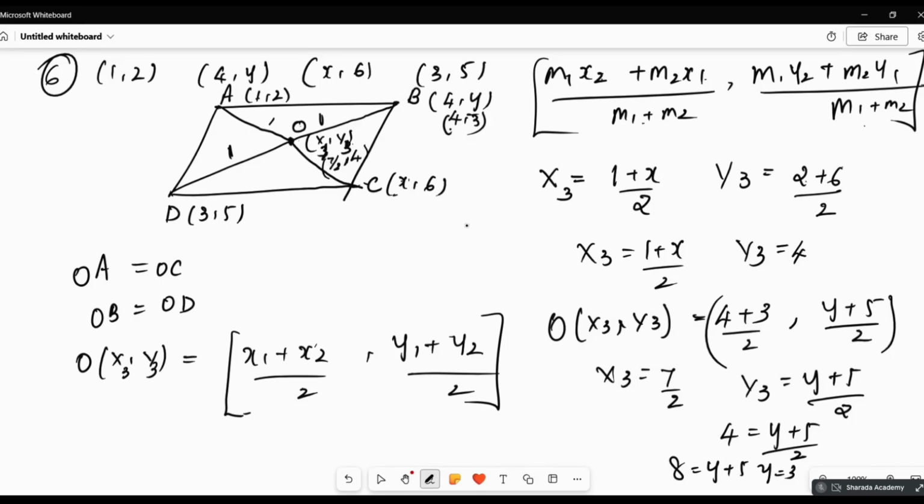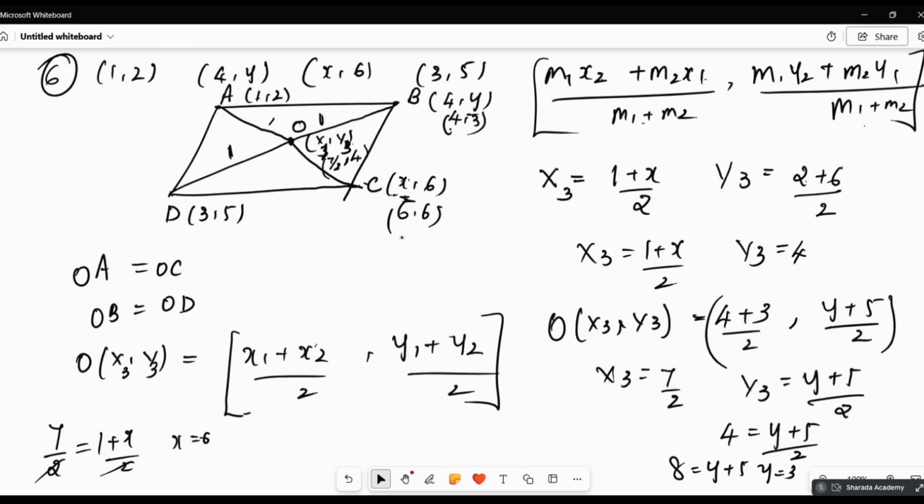What about this x value? X3 I know is 7 by 2. That is equal to (1 + x)/2. So x is equal to 6. So this point is 6 comma 6.